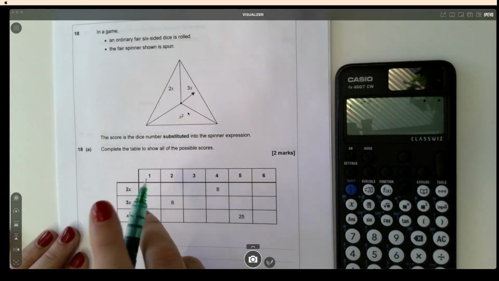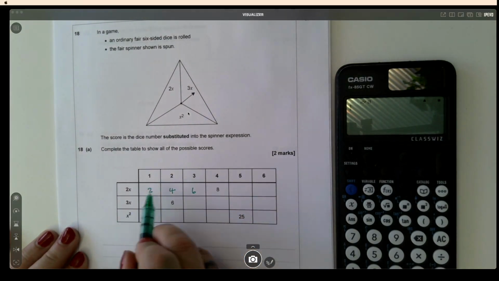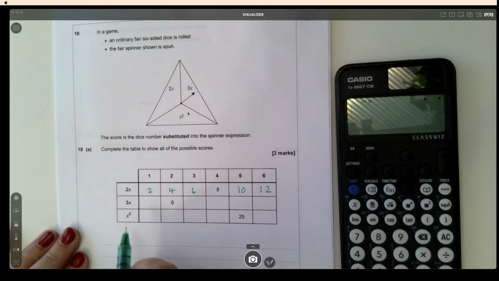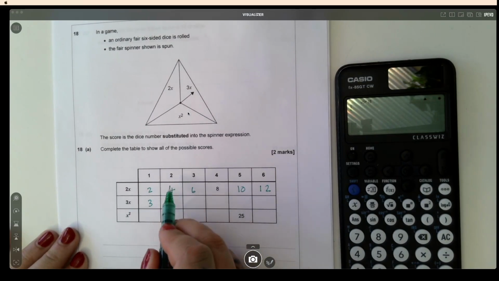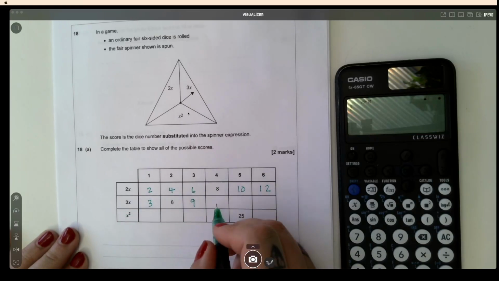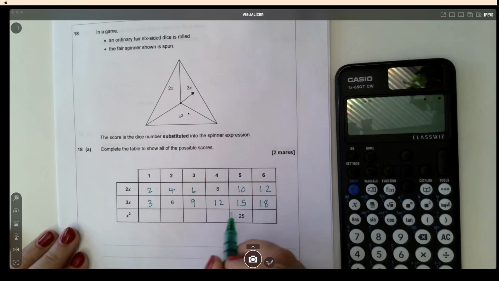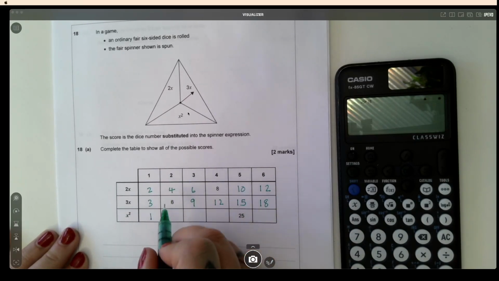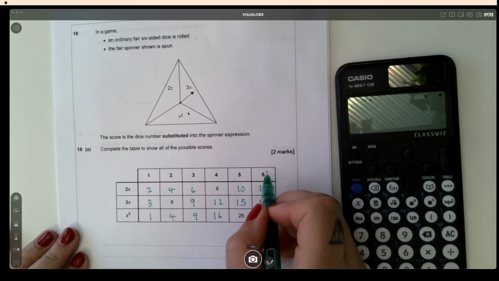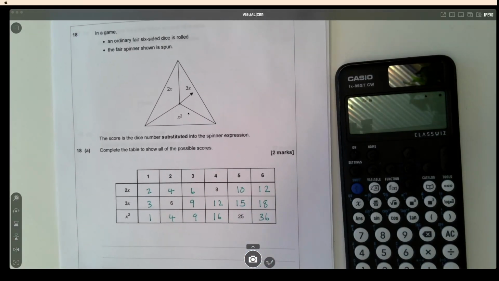So 2x, 2 times 1, 2 times 2, 2 times 3, 2 times 4 is already done, 2 times 5, 2 times 6, and then 3 times 1, 3 times 2 is already done, 3 times 3, 3 times 4, 3 times 5, 3 times 6, and then x squared, 1 squared, 2 squared, 3 squared, 4 squared, 5 squared is already done, and 6 squared. So we've completed the table for 2 marks.